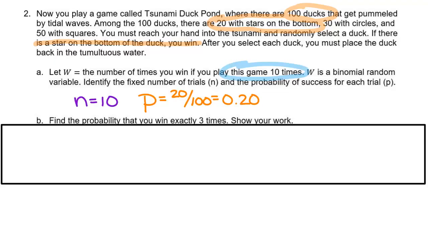Think about what we need to start with if we're doing probability notation. And then what goes inside the parentheses. What would my probability notation look like? Not calculating anything yet. Just what does the notation look like?